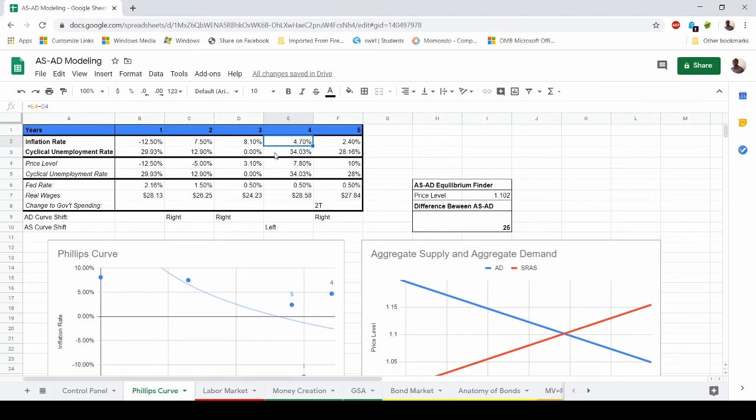This isn't a one-for-one trade-off, right? At 4.7% inflation, we shouldn't be seeing more unemployment than we saw with deflation occurring. So this concerns policymakers even more because prices are going up at the same time that unemployment's going up.